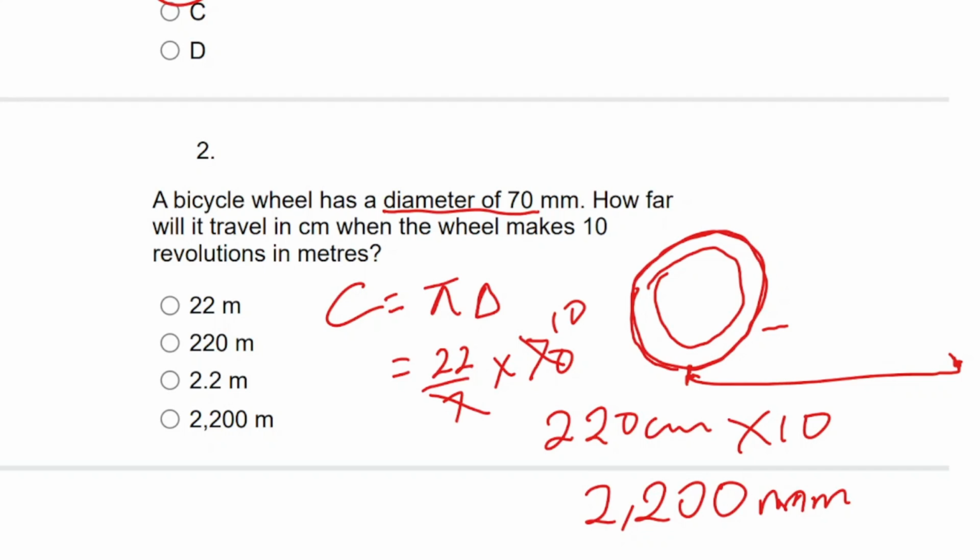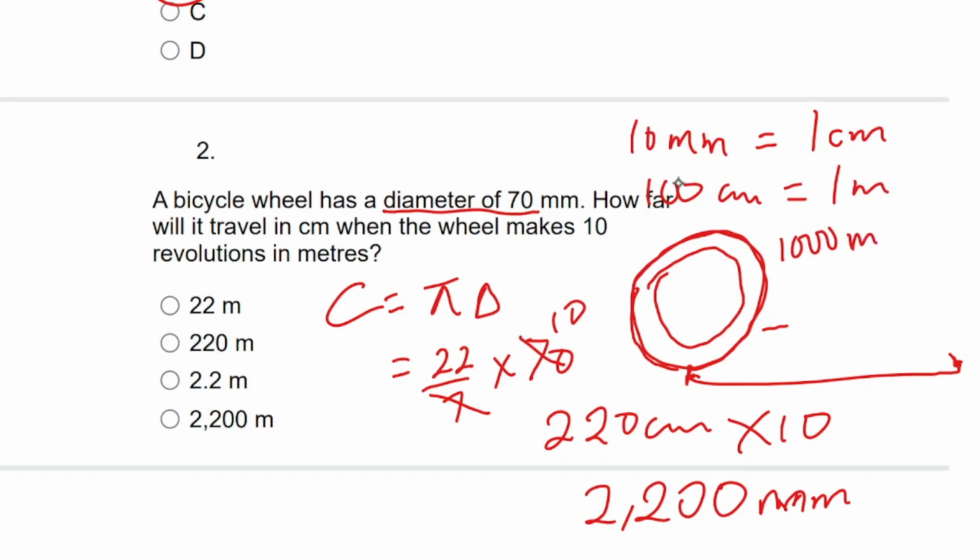Don't forget that 10 millimeters equals 1 centimeter. Then 100 centimeters equals 1 meter. That means 1,000 mm, because 100 times 10 will give you 1,000 mm equals 1 meter.